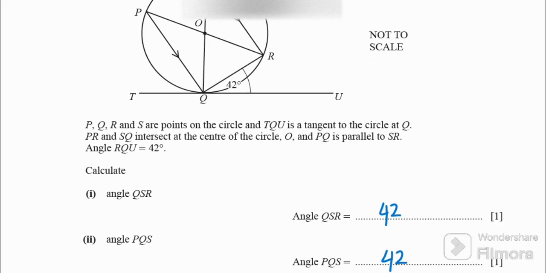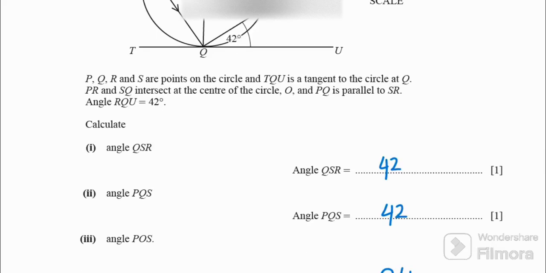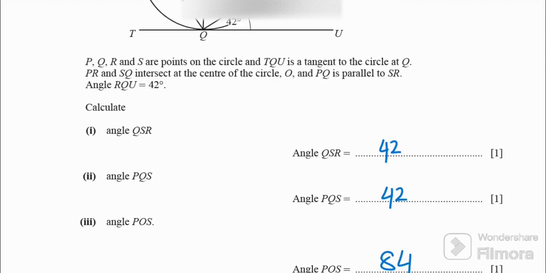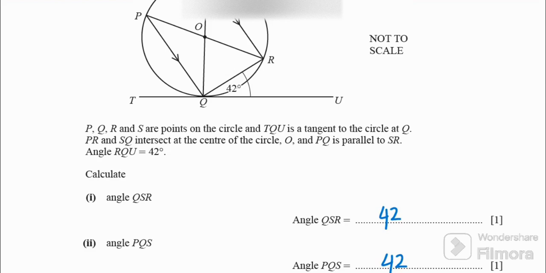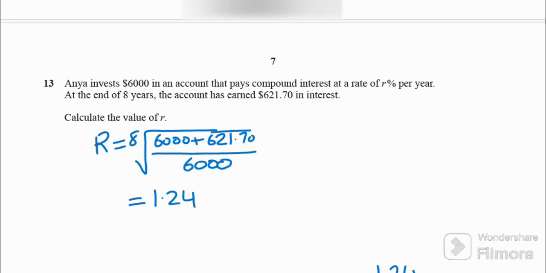So angle POS will be 42 times 2, which will be 84. So the angle POS will be 84 degrees. Over here in the diagram, POS is 84 degrees.